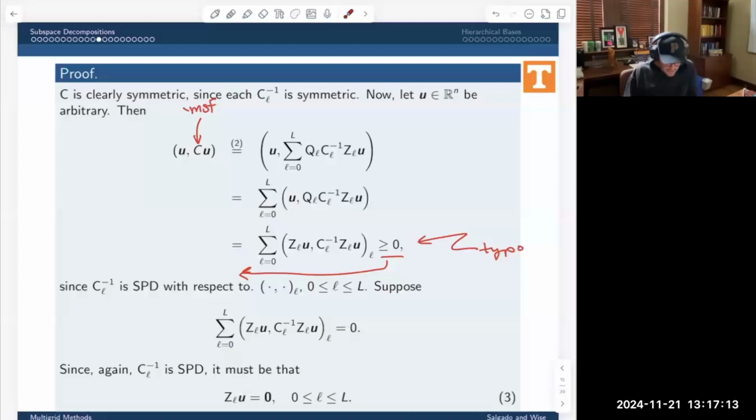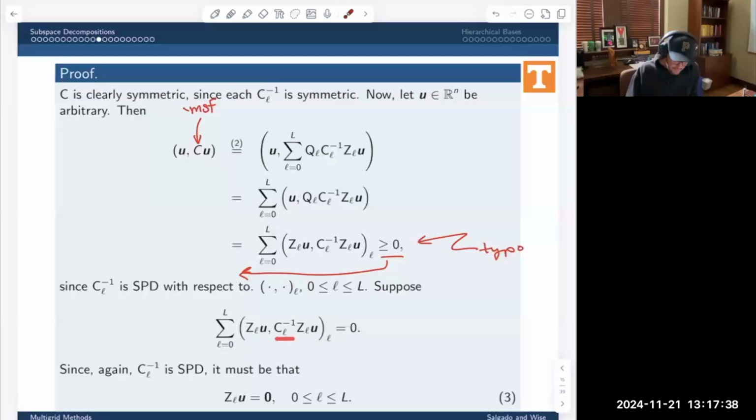Now, C_L inverse is SPD. So what does that mean? That means that each one of these guys, if these are all greater than or equal to 0, so be careful about the argument. Each one of these is greater than or equal to 0, and their sum adds up to be equal to 0. That means each element in the sum, or each summand, has to be itself equal to 0.